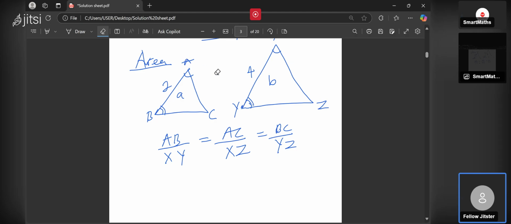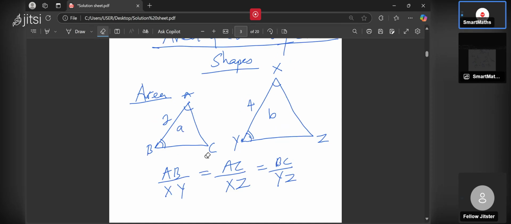So this triangle ABC and triangle XYZ: triangle XYZ is an enlargement of triangle ABC. That's the meaning. Similar shapes: the bigger one is the enlargement of the smaller one.